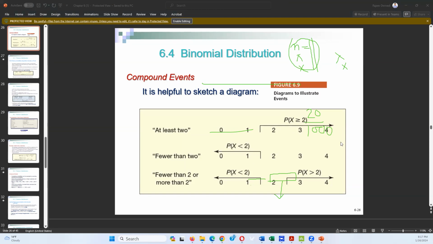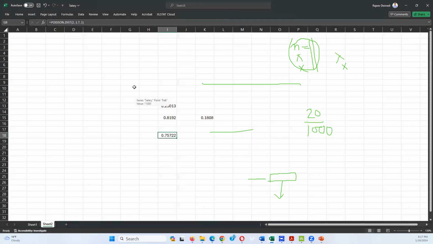I have one more question. Is there an Excel function for the geometric distribution? 100%. I couldn't see it in the book. Okay, just a minute. Let me see.